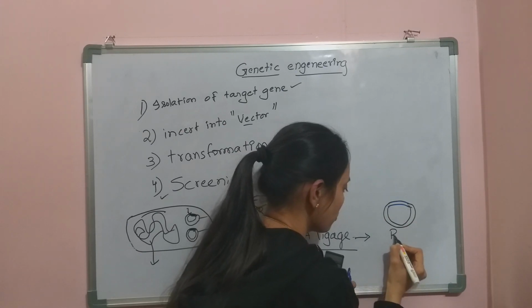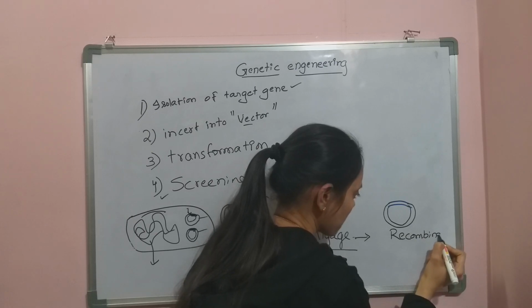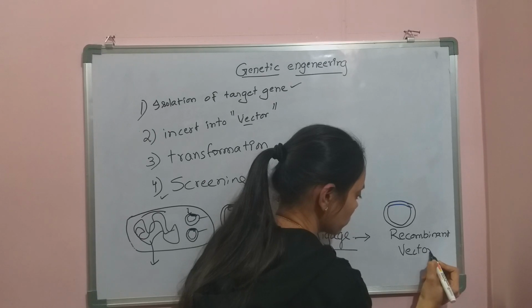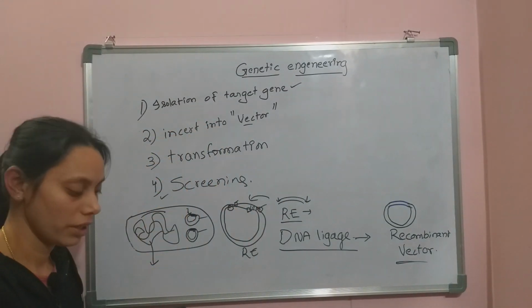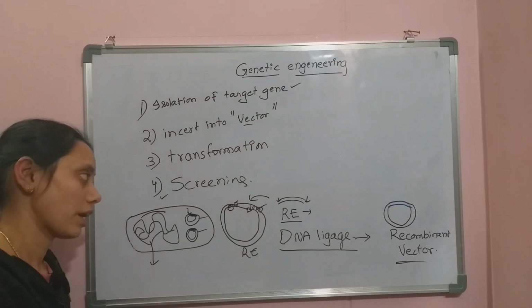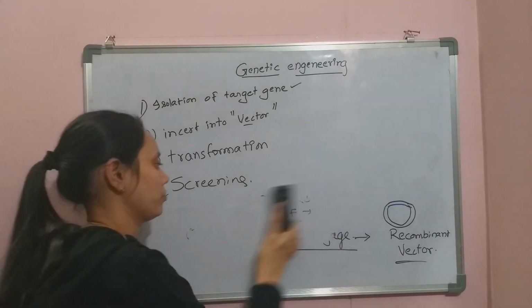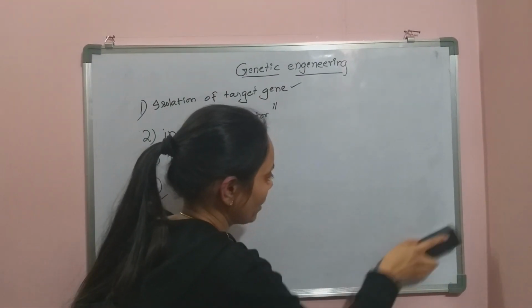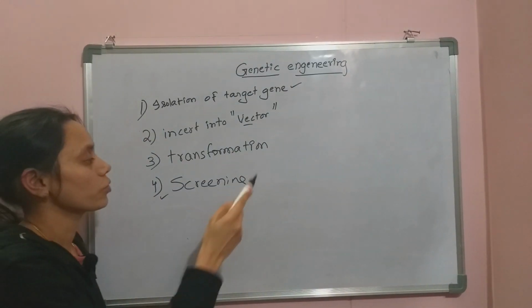So this is a recombinant vector. So that is how the insertion of target DNA into the vector will be carried out. So coming to the third step in genetic engineering, that is transformation.